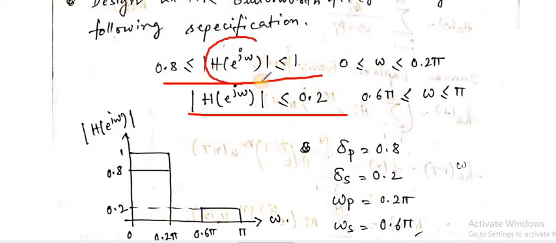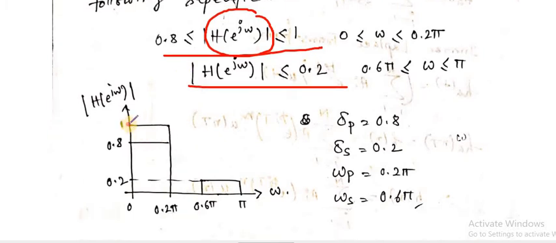The gain lies between 1 and 0.8. 1 is the maximum gain, and 0.8 is the passband gain in the frequency range omega from 0 to 0.2 pi. Then at the stop band, the gain must be less than or equal to 0.2.